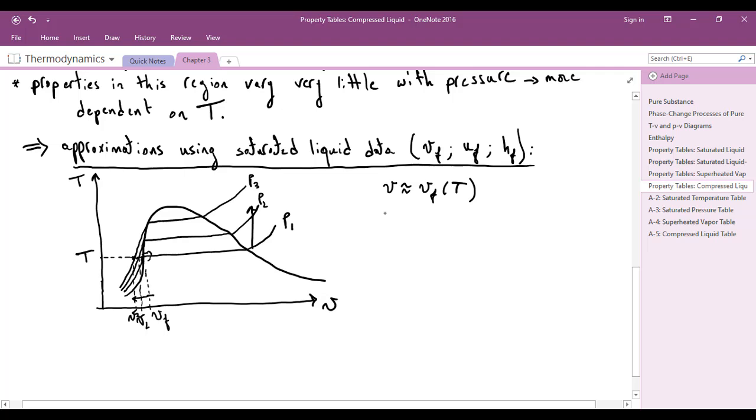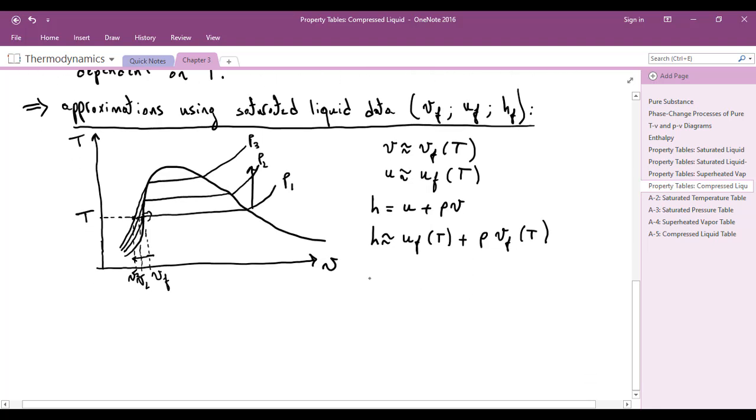Also for the internal energy U, we can say that it is approximately equal to Uf at a given T. However, for the enthalpy H, we know that H is equal to U plus PV, and approximately U is equal to Uf at T, plus P, and V is equal to Vf at T. So let's see what Hf is equal to.